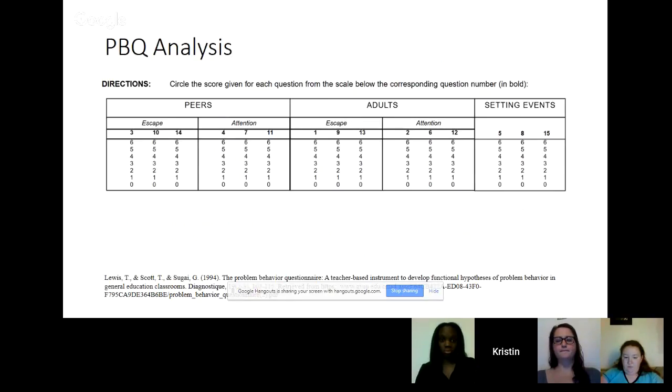It would be put into this graph type form so that you can analyze and see what kind of results you got. There are 4 different functions of behavior at the most basic level, and this would be able to tell you what the guardian or caregiver assumed the behavior's function was.